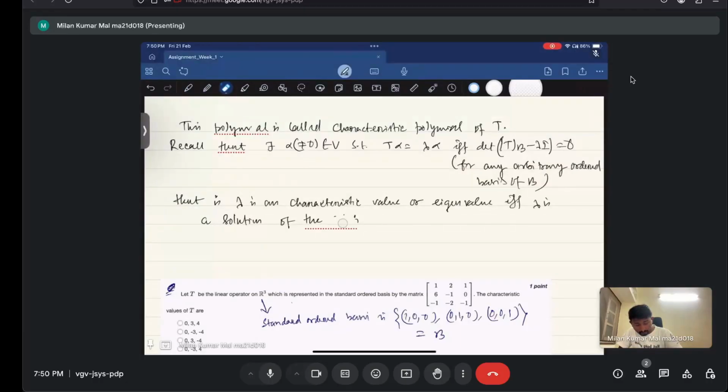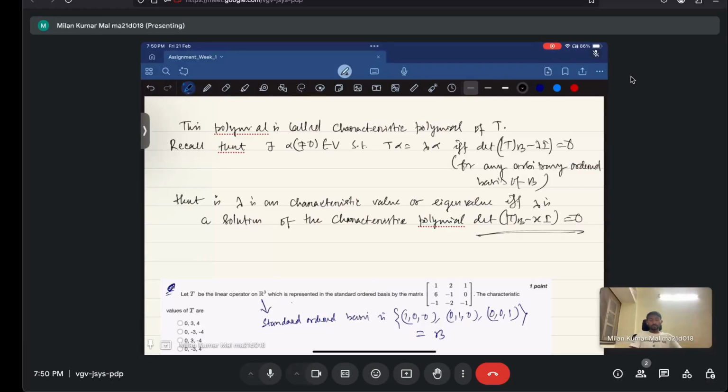Solution of the characteristic polynomial, determinant of T_B minus lambda, or I can write here x, equals 0. So this polynomial, the root of the characteristic polynomial.